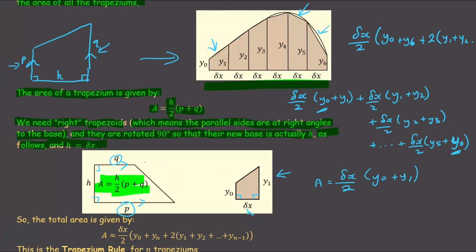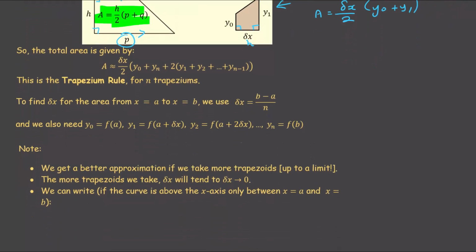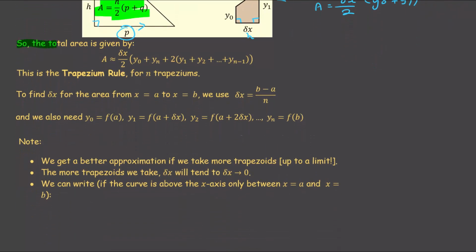And just generalizing that idea below here, the total area is given by A equals, there's the delta x over 2 that we've pulled out. The y0 and the last one, which was y6 in our example, would only appear once, but all the others would appear twice, the y1, the y2, all the way up to yn minus 1. This is the trapezium rule for n trapeziums.